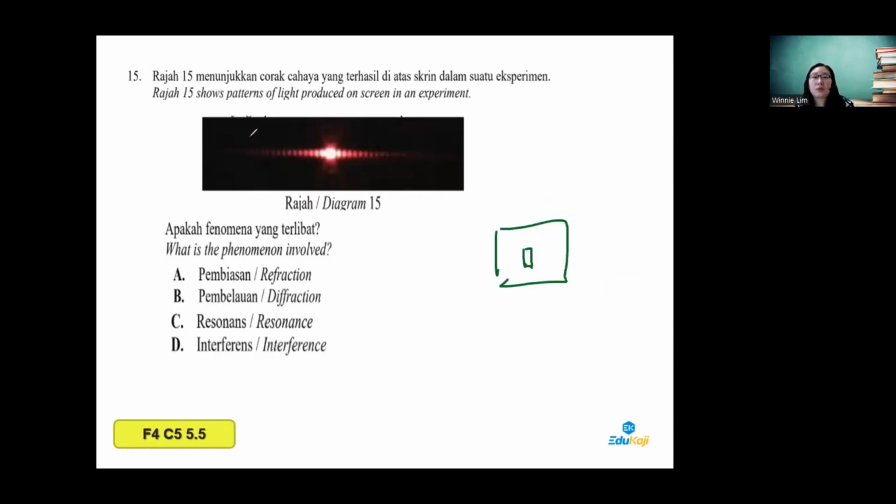So this is the result that you get. So it's diffraction. If it is interference, the fringes are kind of uniform. If you have a wider fringe at the center and then towards the side it becomes smaller, they are more towards diffraction.